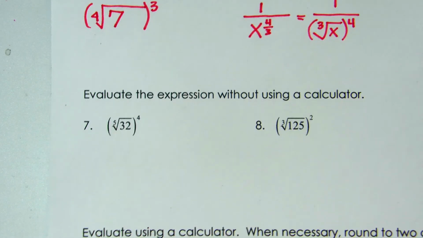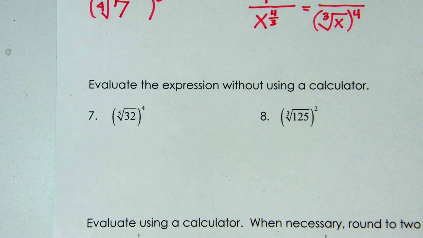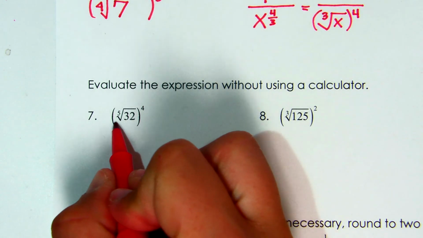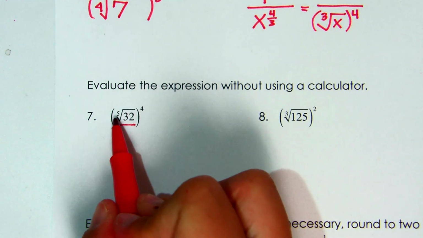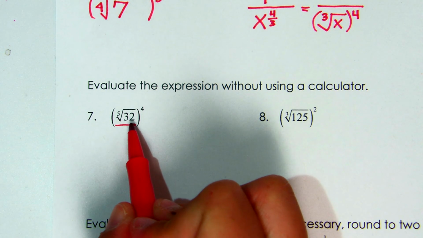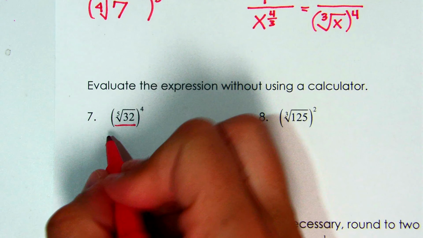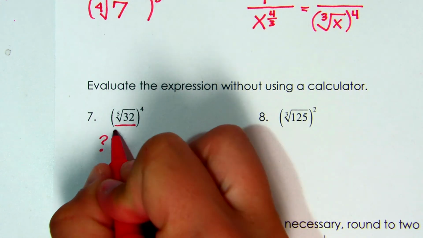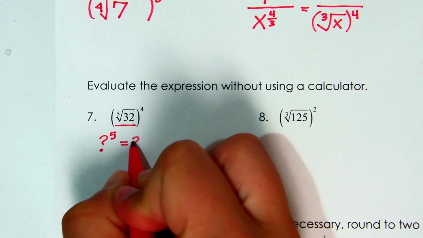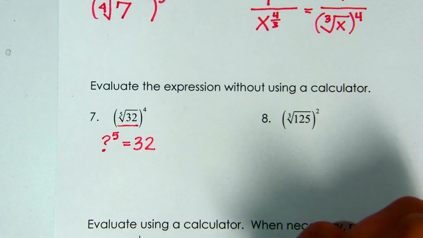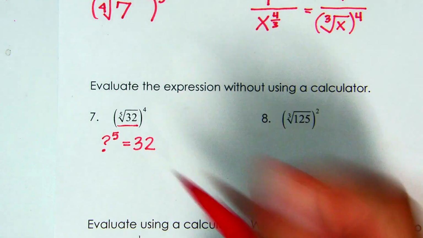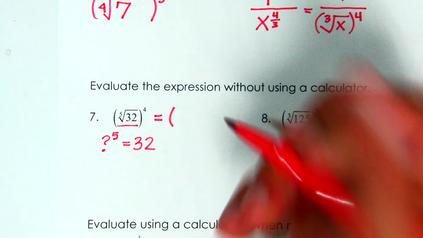Alright, number 7 wants me to evaluate without using a calculator. So I'm always going to do what's inside first. The 5th root of 32, something times itself 5 times gives me 32. So what to the 5th power is 32? Whatever that is is going to go inside.